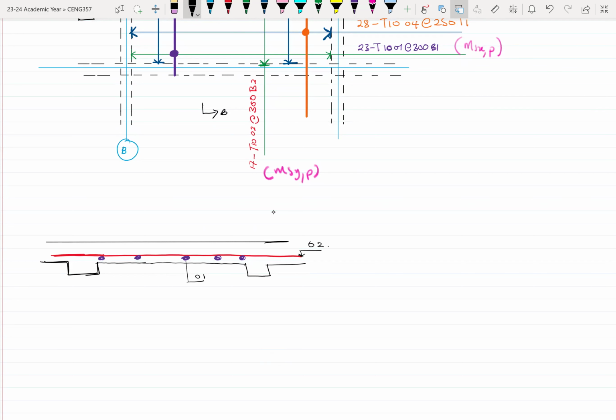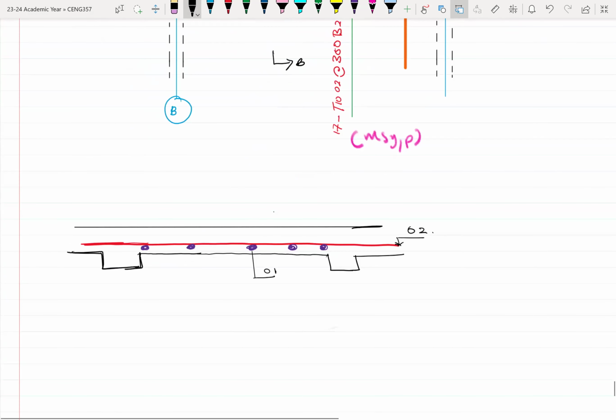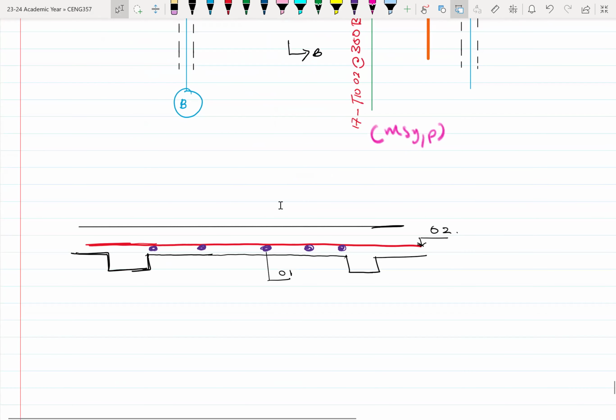Okay. All right. Then where the supports are, maybe I have to move this one up. Can I move it up a little? I think I can. Okay, great.